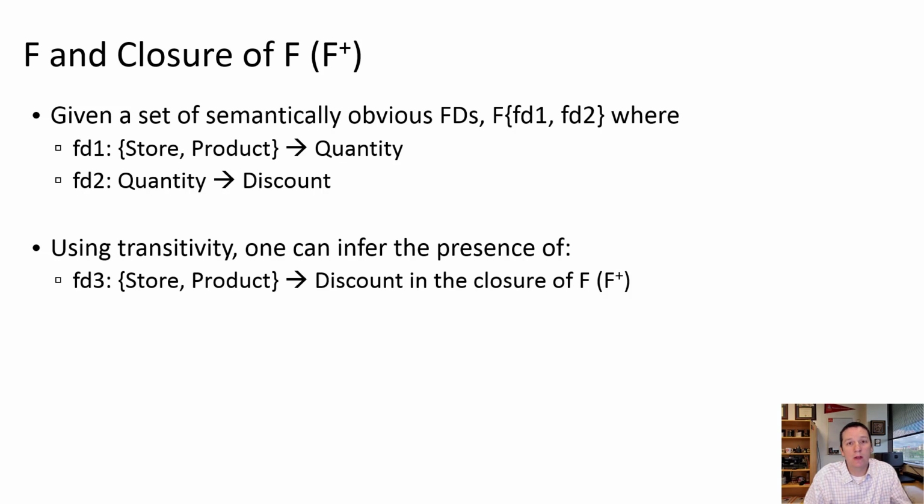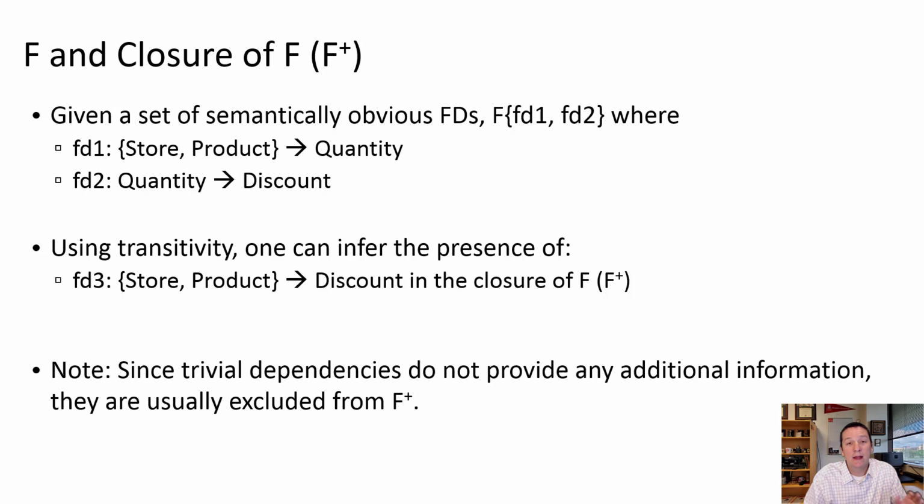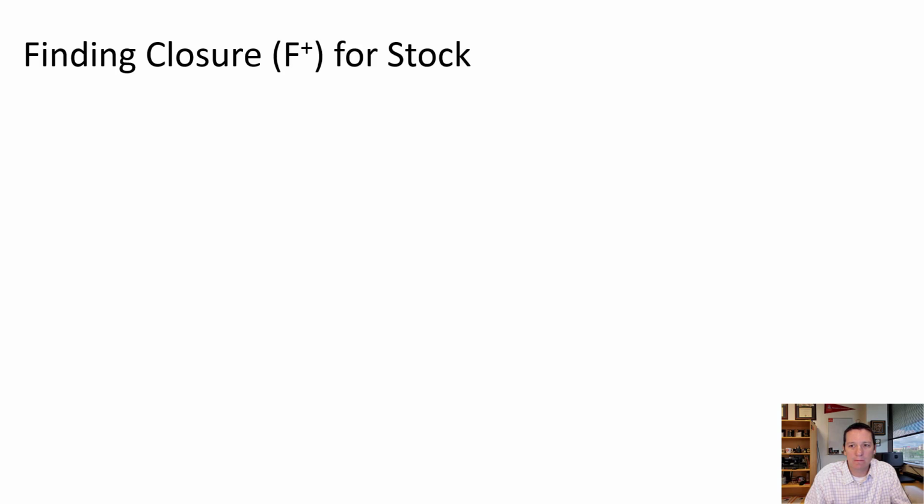So this would be another functional dependency in the closure of F. Now, note that trivial dependencies, things like quantity determines quantity and discount determines discount, don't provide any additional information, so we usually don't bother repeating these when we are making the closure of F.